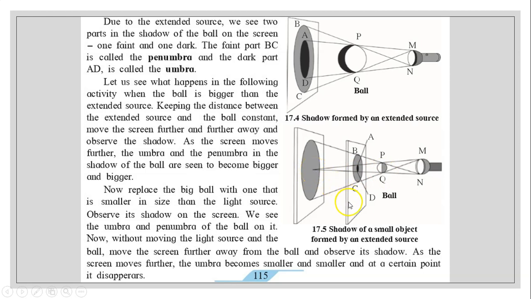The same thing happens with birds flying around in the sky. The sun is the extended source, the bird is now the ball, and this screen is the earth. So we don't see the shadow of the birds either. But if the bird is flying closer to the ground, then we see a shadow.